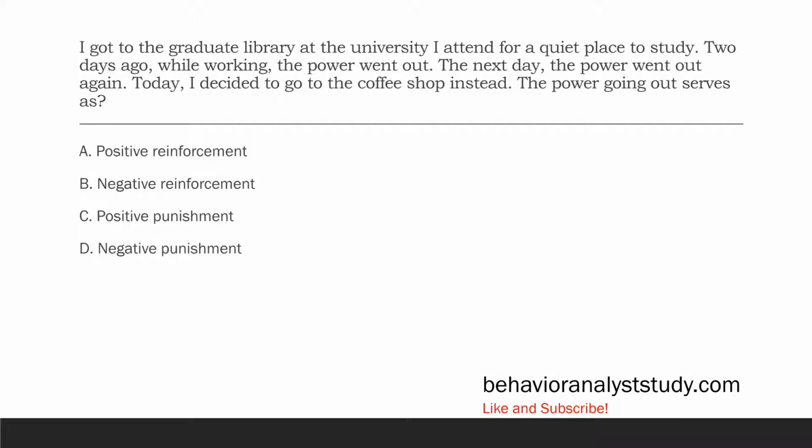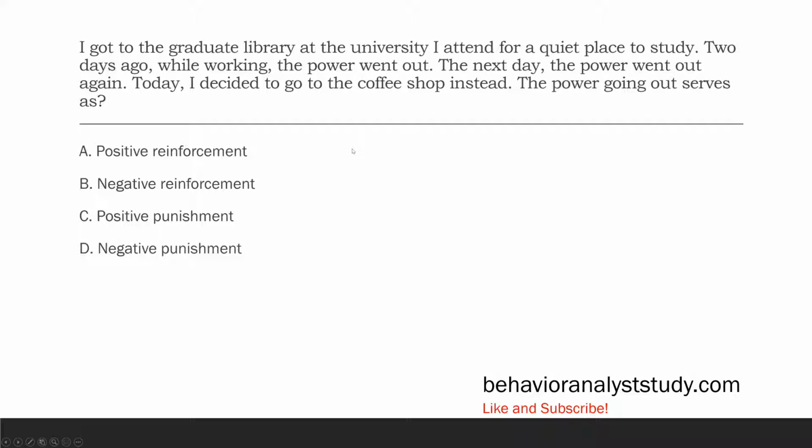And that's very important. Okay, you need to really work hard to identify what behavior am I really looking at. Okay, now today I went to the coffee shop. We don't know what happened when I got to the coffee shop. We don't know what consequences were there. We do know when I went to the library what happened. Power went out, okay, and that decreased me going to the library. So that punished me. So we know it's a punishment.